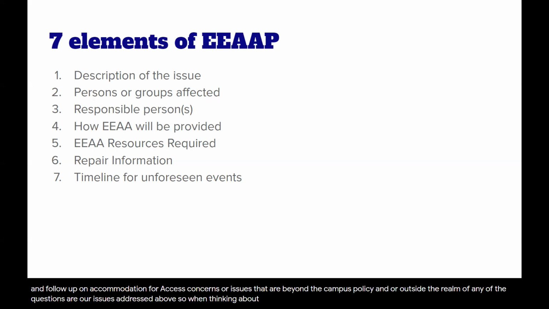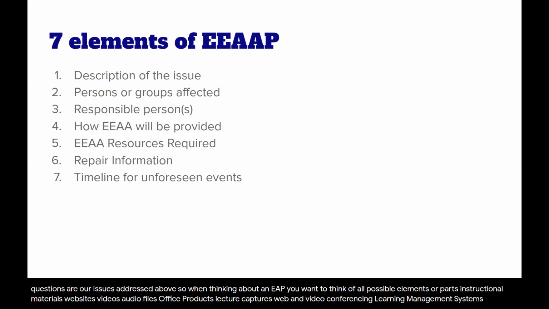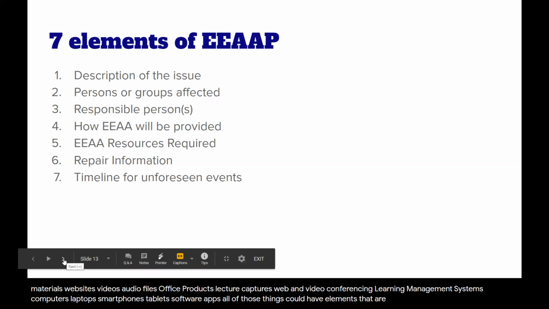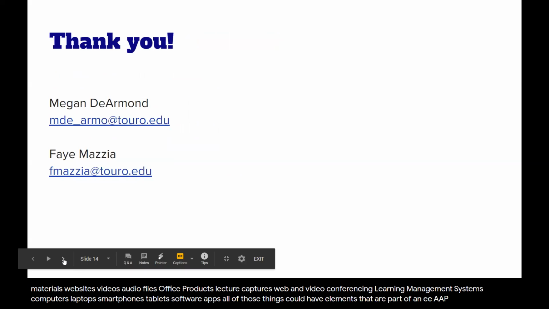So when thinking about an EEAAP, you want to think of all possible elements or parts: instructional materials, websites, videos, audio files, office products, lecture captures, web and video conferencing, learning management systems, computers, laptops, smartphones, tablets, software, apps. All of those things could have elements that are part of an EEAAP.